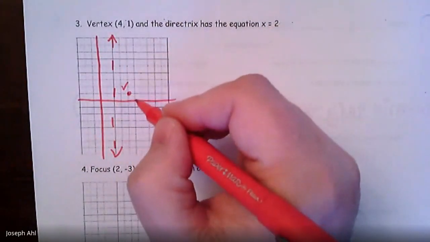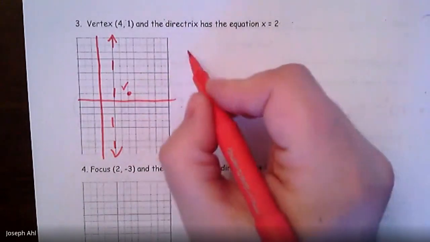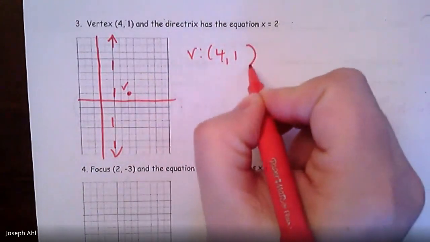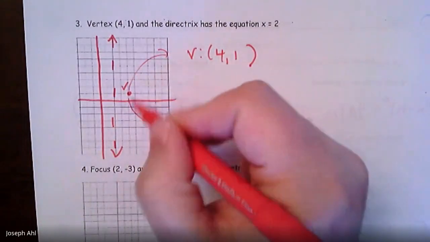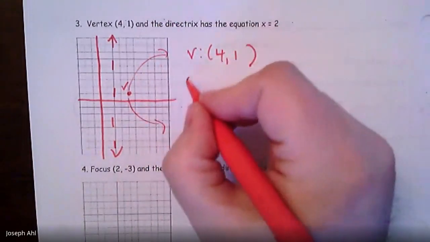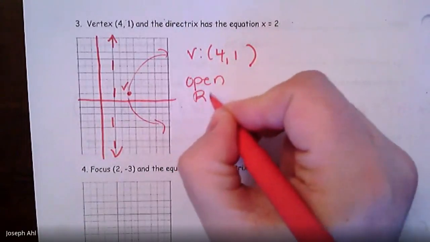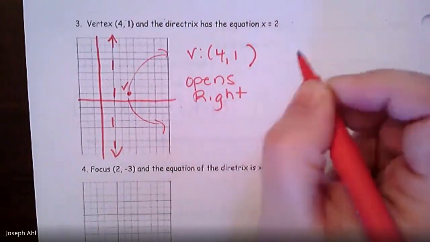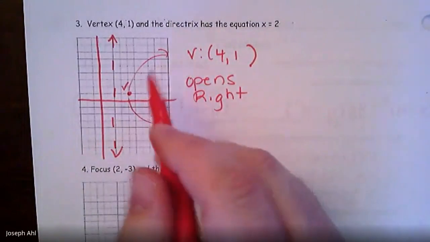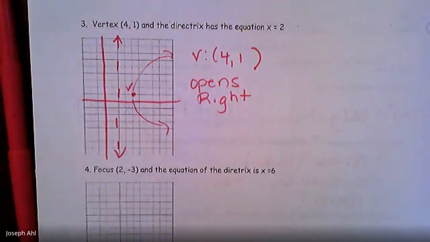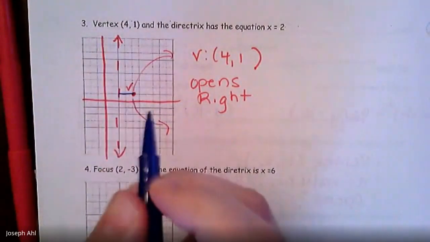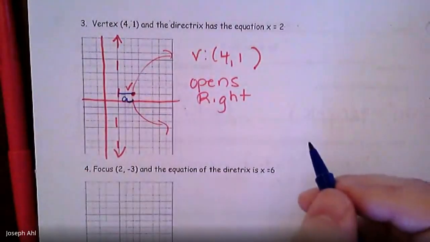There's the vertex. I already know the vertex, first of all. But I know that this opens up to the right. The parabola will never cross that directrix line, so this is going to open to the right. And the last thing I need is the value of A. Now remember that A is not only the distance from the vertex to the focus, but it's also this distance from vertex to directrix. That's the value of A as well.